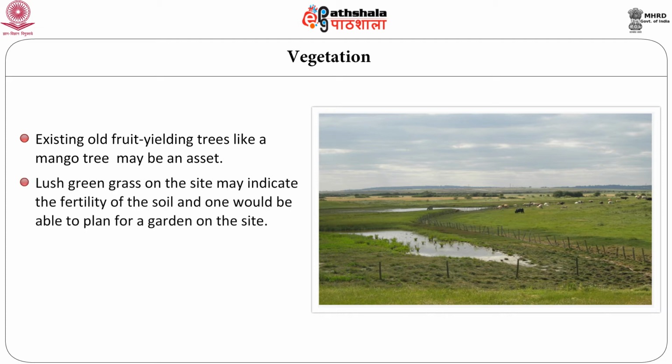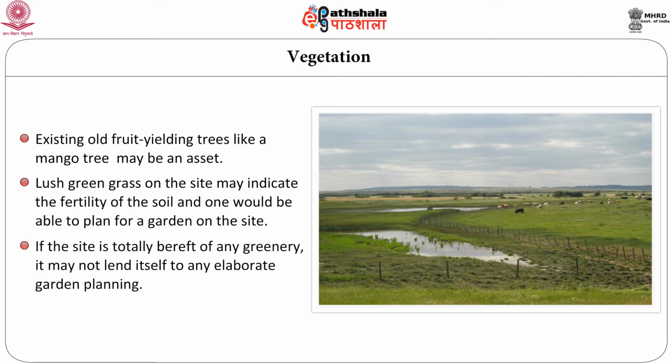Similarly, if there is lush green grass on the site, that might indicate that the fertility of the soil is good and that we would be able to plan a good garden on the site. On the other hand, if the site is totally bereft of any greenery, then it may not lend itself to any elaborate garden planning. So, we need to look at the site with the view of raising a garden also.